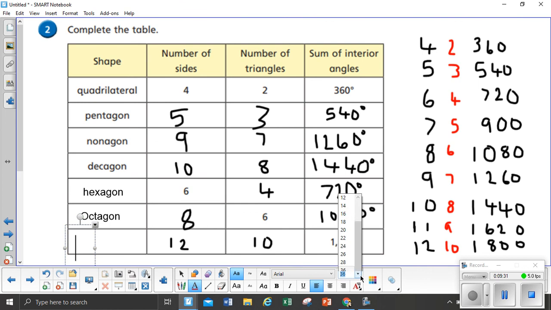Font's always massive. Let's try 16. Dodecagon. So it's got 12 sides, 10 triangles, and the sum of the interior angles is 1800.